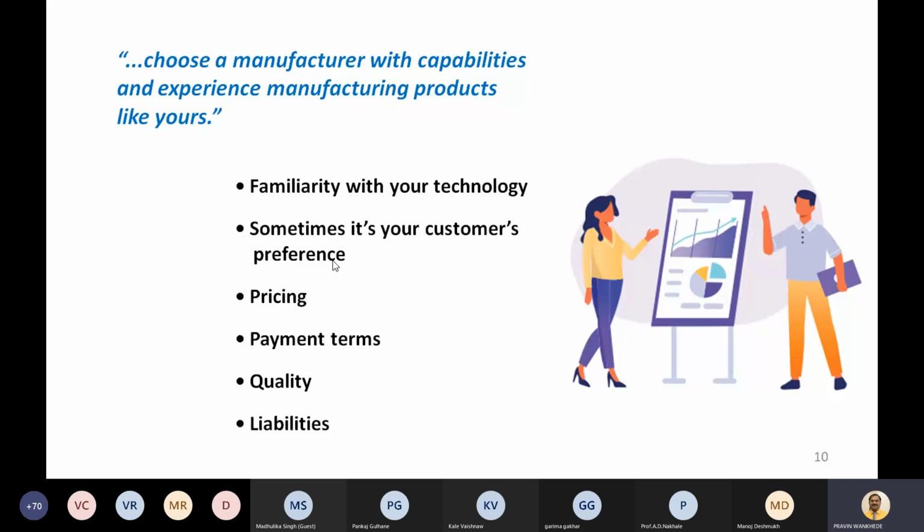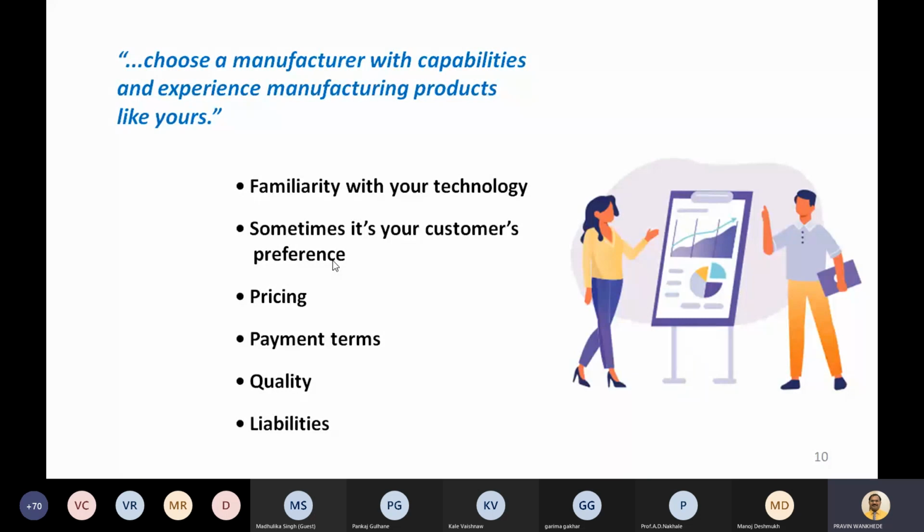If there is any defect in the product, how long the warranty or returns will be provided by the manufacturer. All such terms should already be in place between the component manufacturer and the developer.